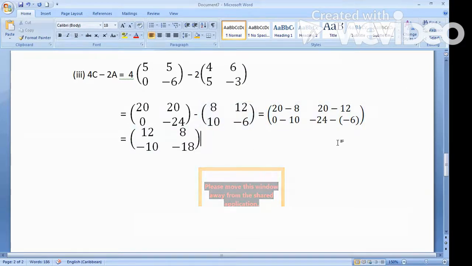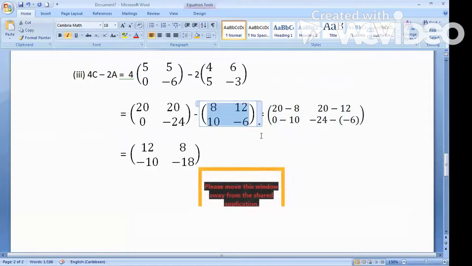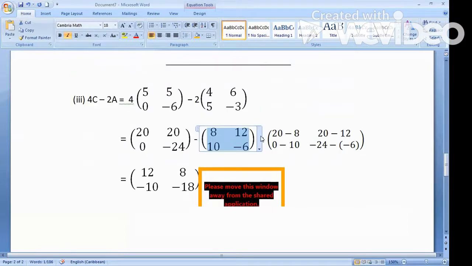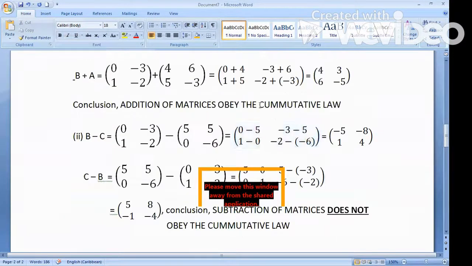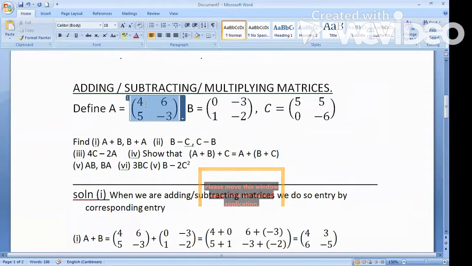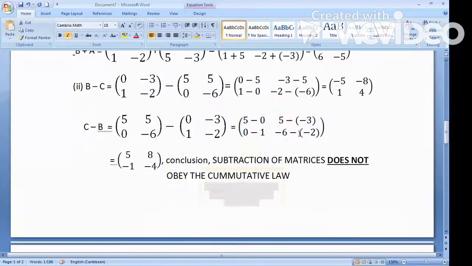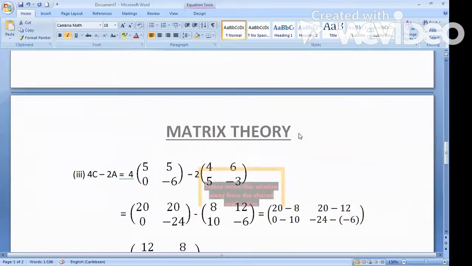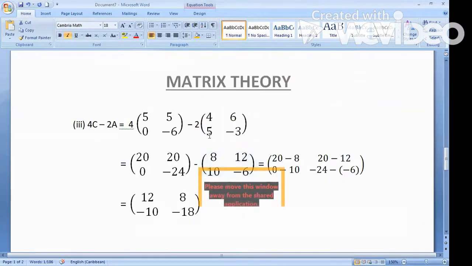One question there, sir. You see that part where the 8, 12, 10, negative 6. Which part of the A part are you working out? Well, this is A, right? That's A, right? So the question says, and this is also A, not true?